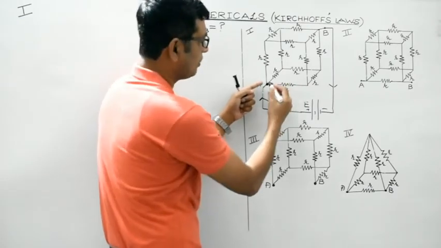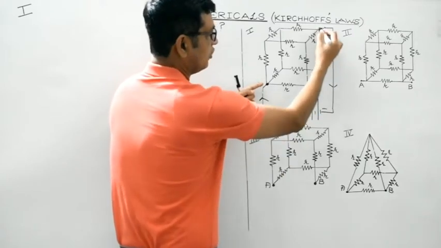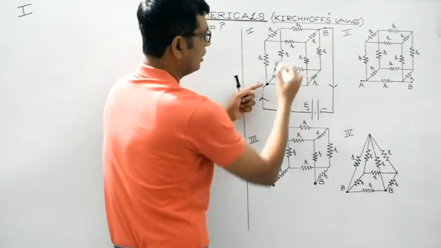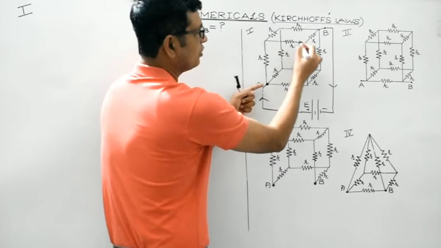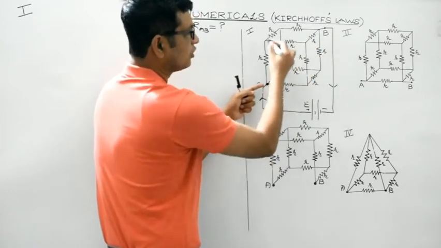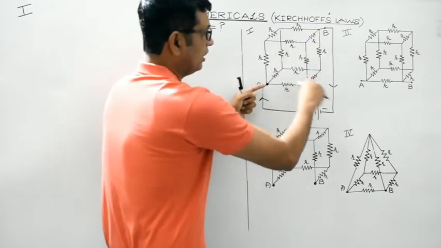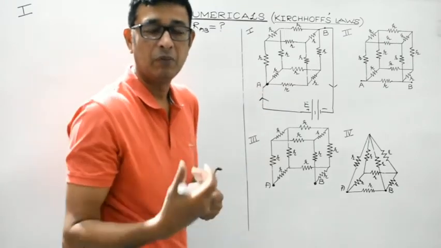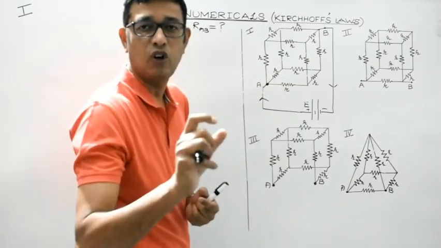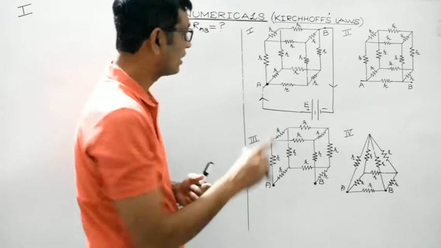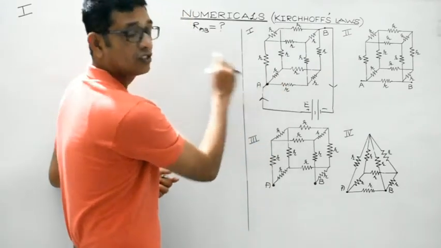The least resistive path is this one: R, 3R. This is R, 3R, and again this path, if the current follows, will offer a resistance of 3R. So in all the 3 paths which offer minimum resistance, it is 3R. So the current will get equally divided among these 3 branches.